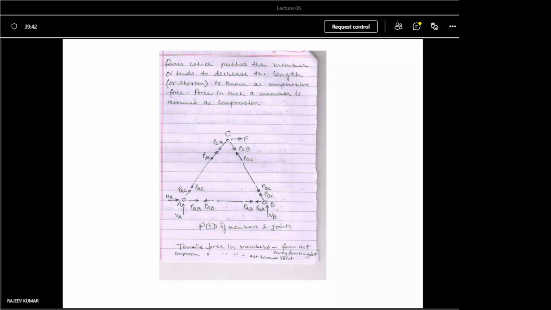From joint A to whichever joint you are selecting, you take it PAB, meaning tensile force is acting from point A to B, and compression force is acting towards the joint.